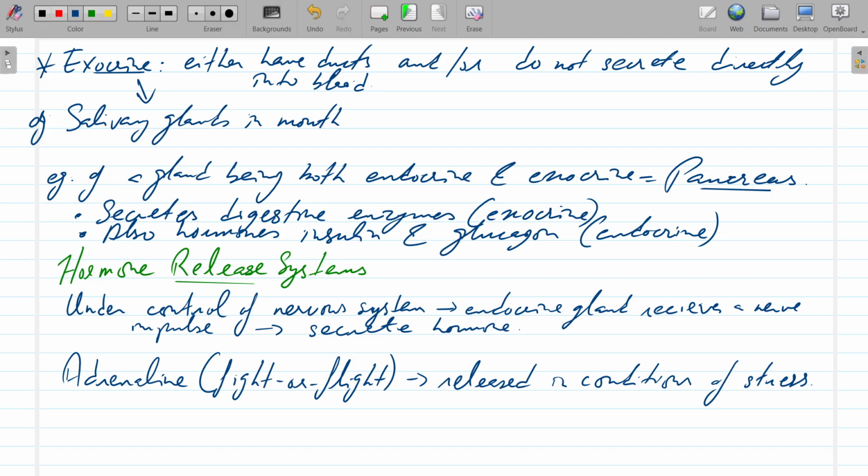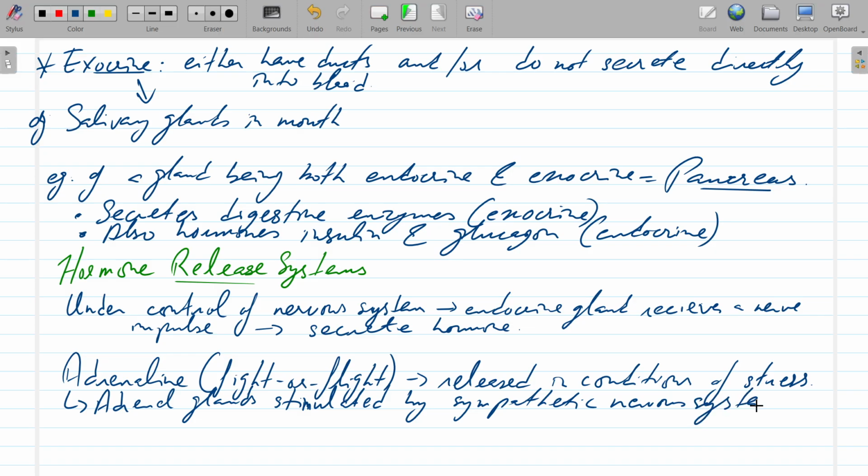And so what happens is the adrenal glands are stimulated by the sympathetic nervous system, and the sympathetic nervous system is the one that controls our fight or flight responses.